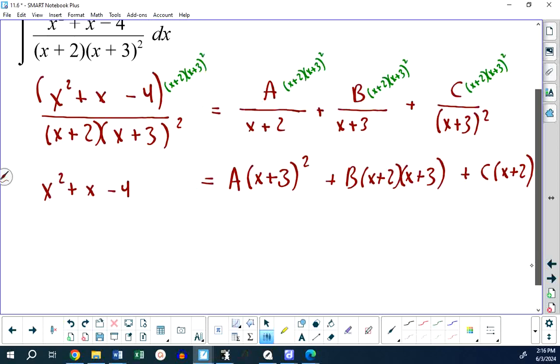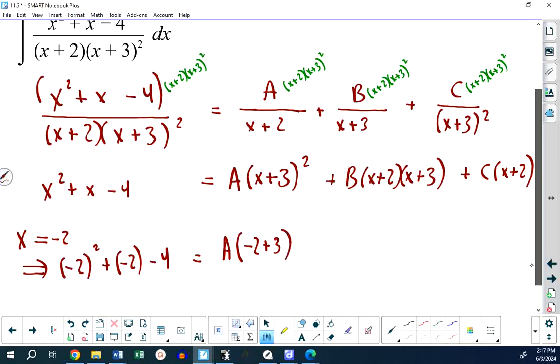Let's do the simple way out first by putting in strategically a value of x that eliminates 2 of those 3 terms on the right. Well, there's an x plus 2 in 2 of the terms. So if I were to use x equals negative 2, what would that produce? Well, it would produce 0 in this term and 0 in this term. So the only thing we would be left with is negative 2 squared plus negative 2 minus 4 is equal to A times negative 2 plus 3 quantity squared.